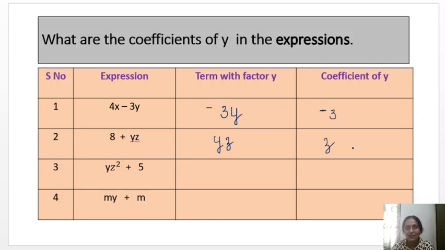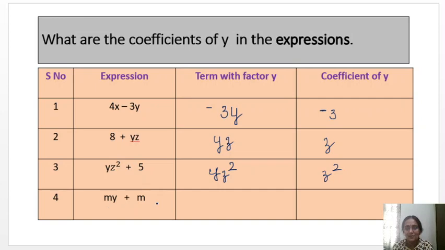The third expression is yz square plus 5. The term which consists of y is yz square, so the coefficient of y here is z square.